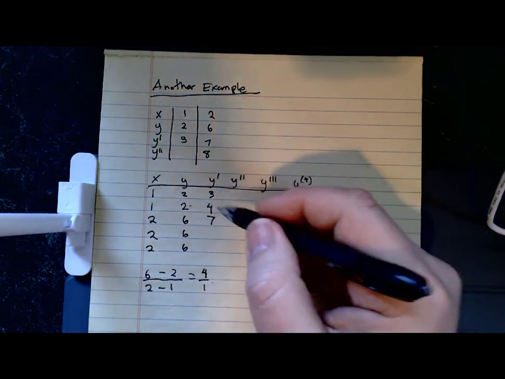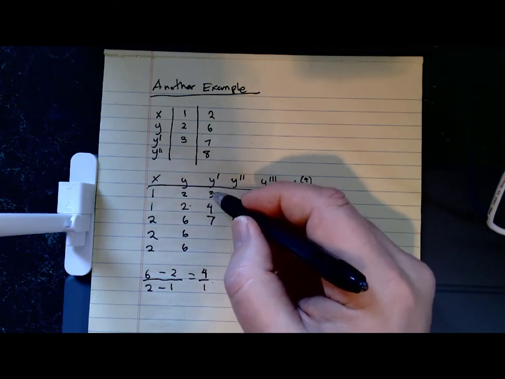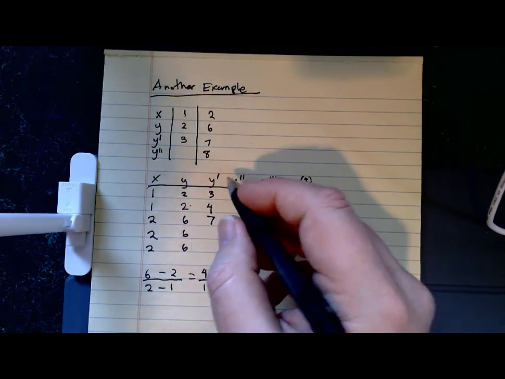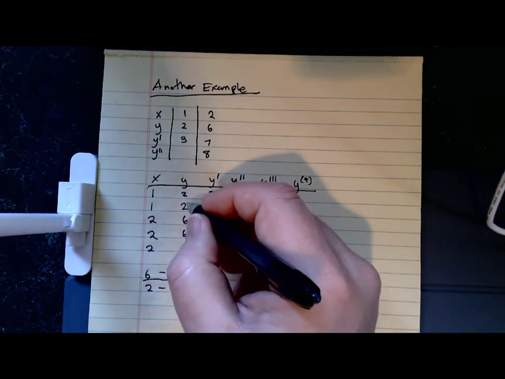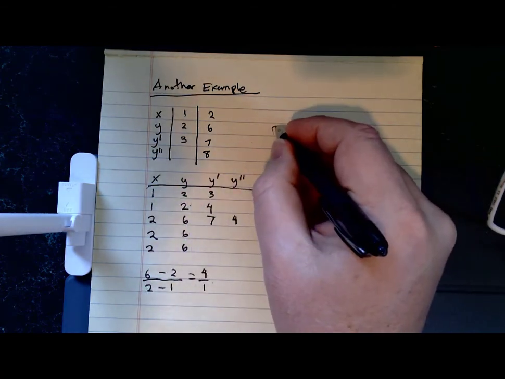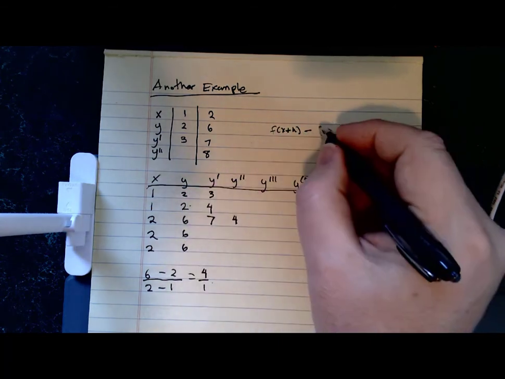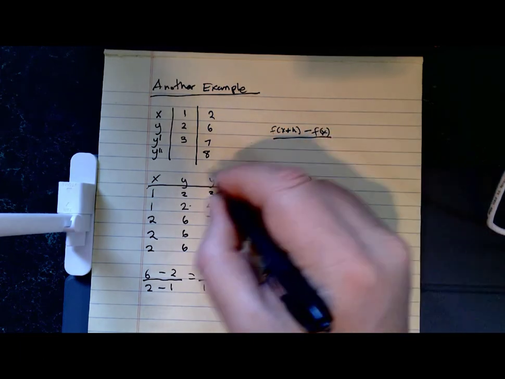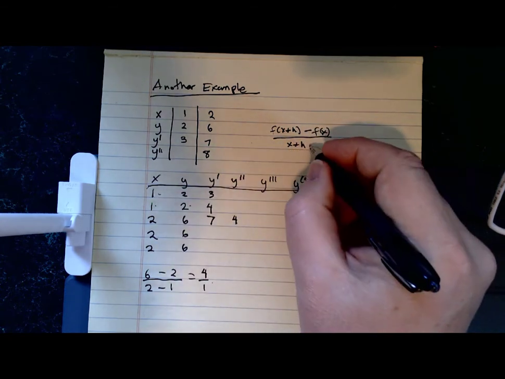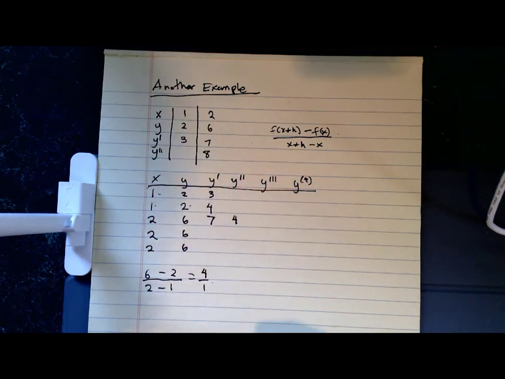One thing that I think is cool is that this is our actual derivative here. If we think back on calculating it, well, it looks ridiculous, 2 minus 2 over 1 minus 1, but if we think of this value as an f of x plus h, and this one is an f of x, and in the denominator that one as an x plus h, and that one as an x, then hey, it gives us the derivative at that point.